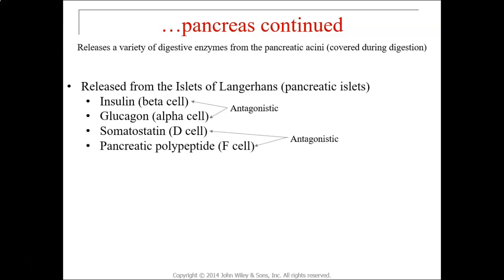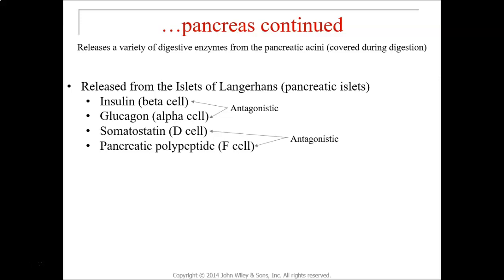When we look at the endocrine part of the pancreas, these are little tiny structures within the pancreas called the islets of Langerhans, or the pancreatic islets. Same thing, doesn't matter. But there's mainly four hormones which are released from the pancreas.